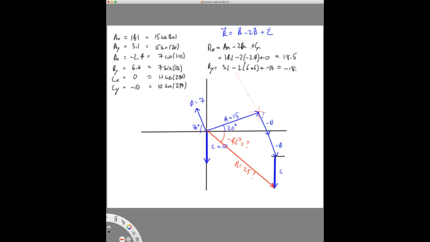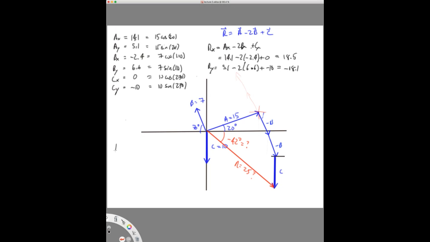So I get minus 18.1. Anybody get the same numbers that I got for Rx and Ry? Grace? Okay, good. So then we can find R.